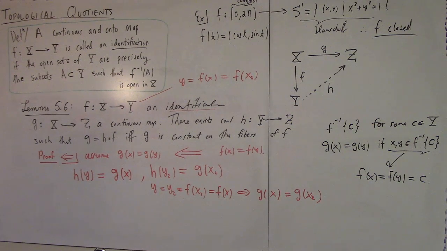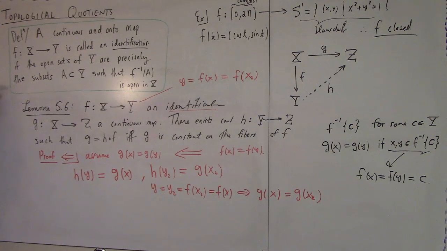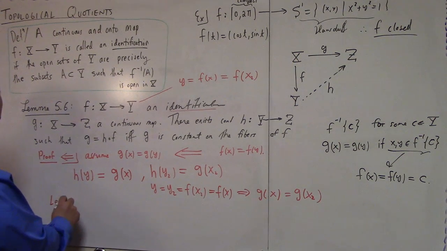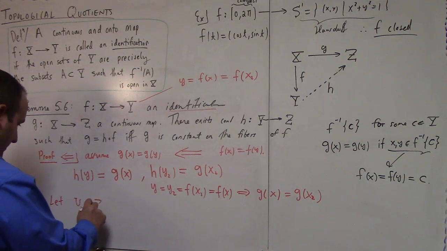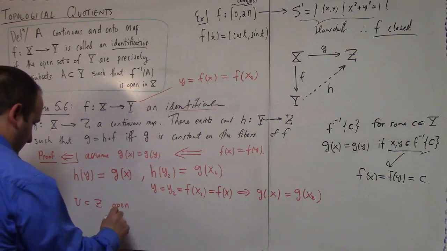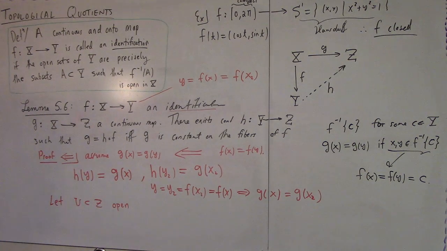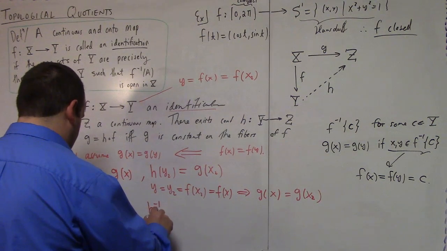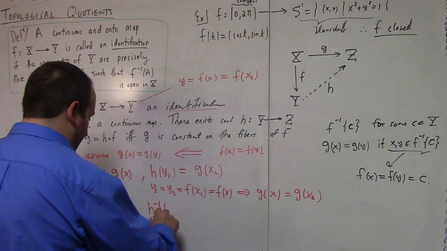And that is where we're going to need to use some of this business up in here about the inverse image of, this business. So to show h is continuous, what do we need to look at? Let U subset of Z be open. And we want to look at h inverse of U, rather.